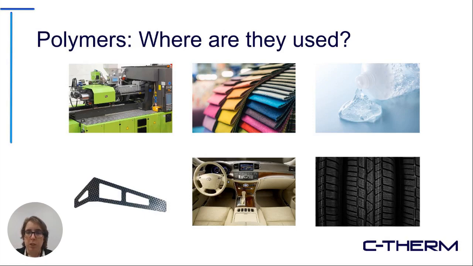Some types of polymers are used as gelling agents. Some polymers are used in the melt phase and are designed to be a melt at room temperature. Polymer composites are increasingly used in aerospace and aviation applications, like the helicopter blade you see on the lower left there. And as well, you see widespread application of polymers in automotive interiors as well as in tires.